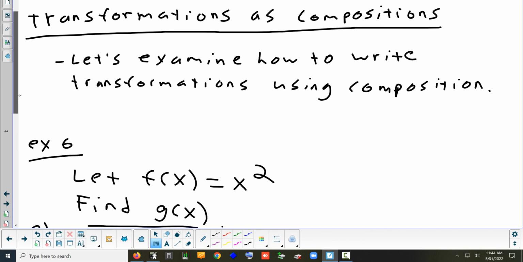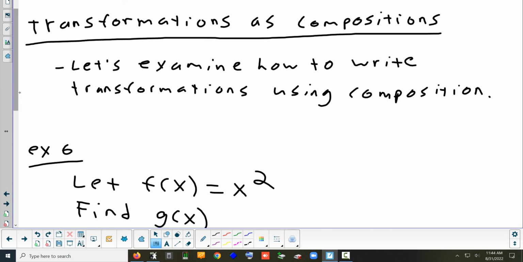All right, let's look at this. So we talked about transformations yesterday, and I think this is getting towards the last thing that we're gonna tie in. We're gonna end up writing some equations that look like a transformation, and it's gonna come from a composition. Okay, you'll see what I mean.